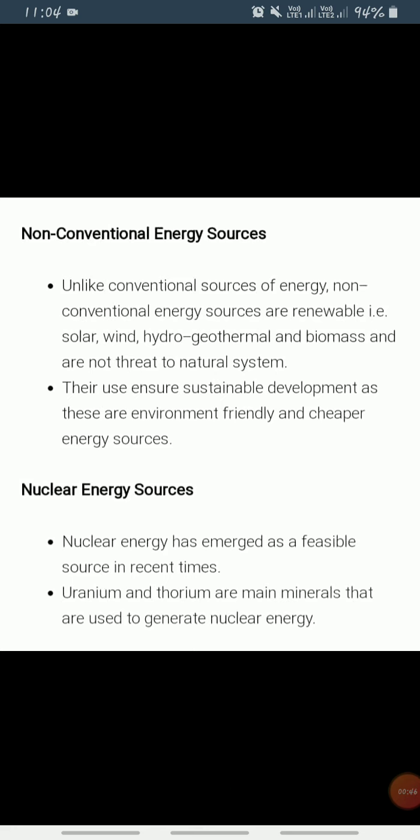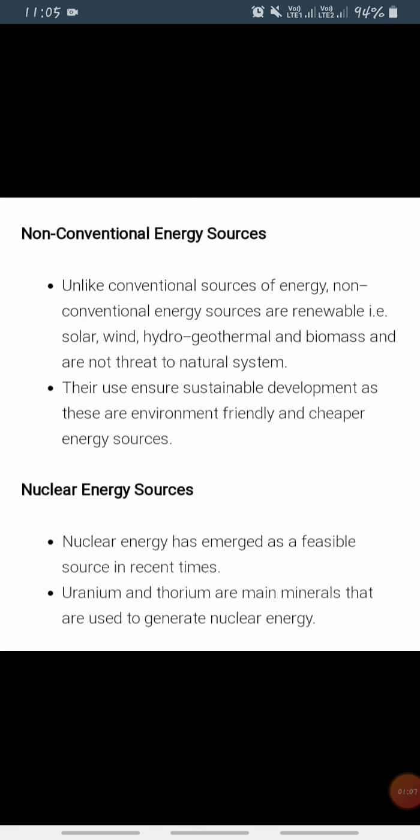Fossil fuel sources such as coal, petroleum, natural gas and nuclear energy use exhaustible raw materials. Sustainable energy sources are only the renewable energy sources like solar, wind, hydro, geothermal and biomass.